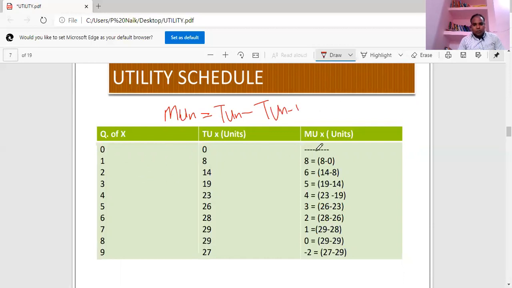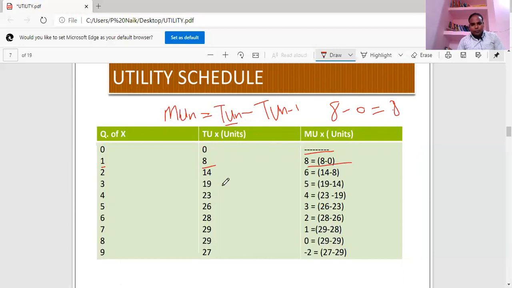Suppose from 0 to 0, there is nothing that changes. From 0 to 1, the quantity changes. Total utility n minus 1 is 0, and total utility n is here 8. So 8 minus 0 gives marginal utility 8.